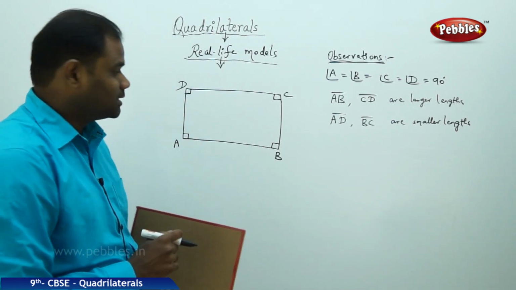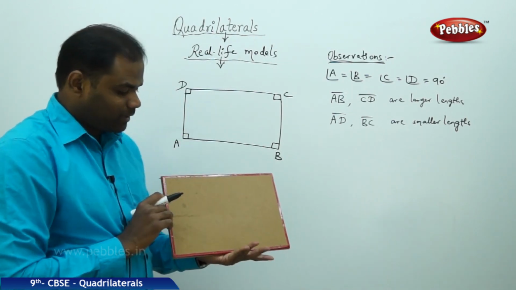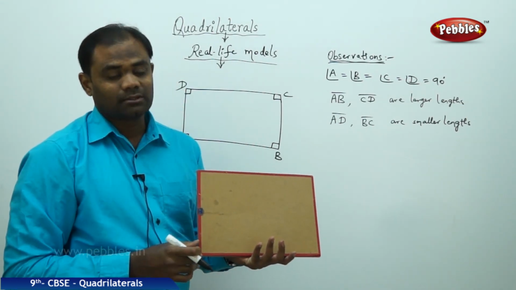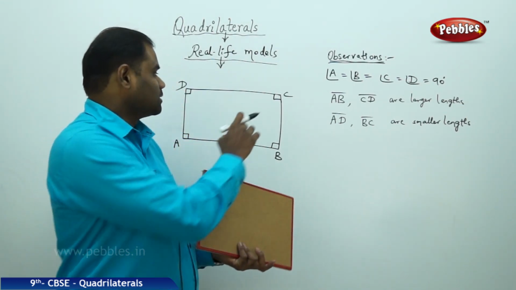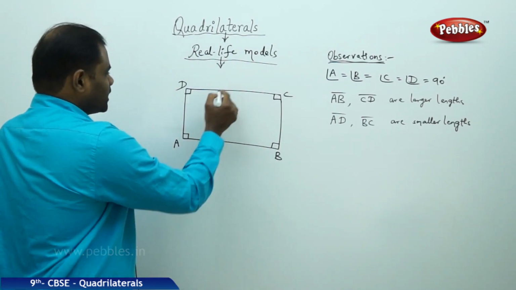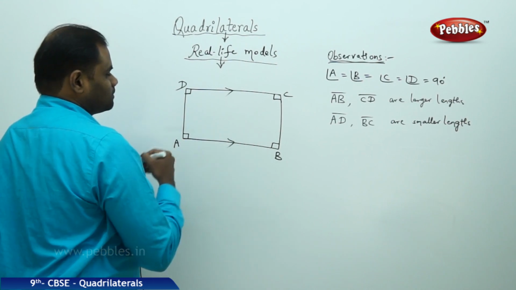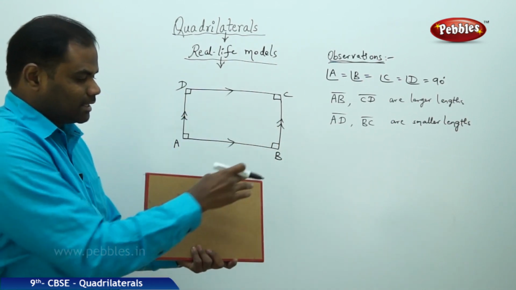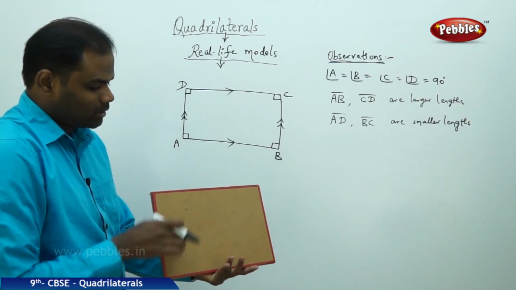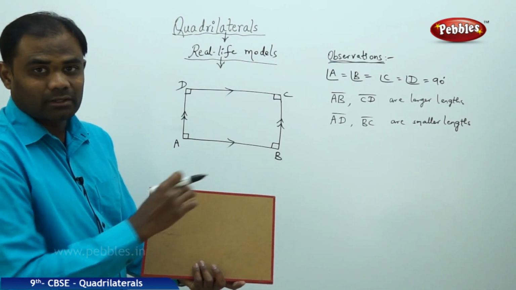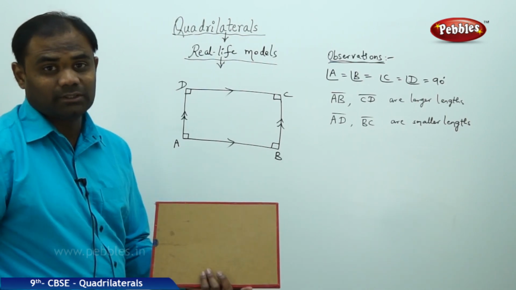Also, when I see the frame clearly, this length seems to be exactly equal to this length, because these two are 90 degrees, therefore they are parallel. So the next thing I observe is, because these are 90 degrees, these two are parallel and these two are parallel. The top line and the bottom line are parallel to each other, and the rightmost line and the leftmost line are parallel to each other.